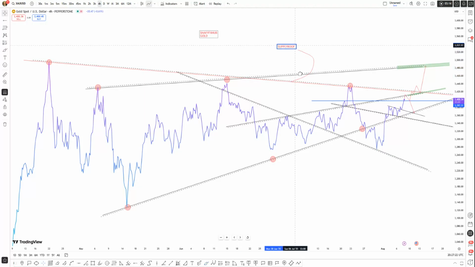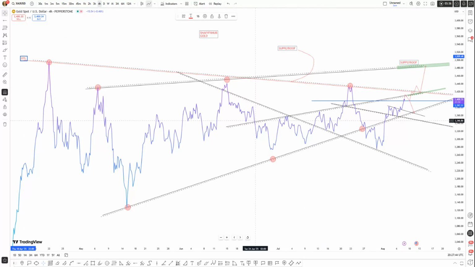So we have two supply roofs which everybody must pay critical attention to. If we break out from this descending trend line, DTL, there is a very high probability that price will return to retest the upper supply roof. So we have supply roof 1 and supply roof 2.